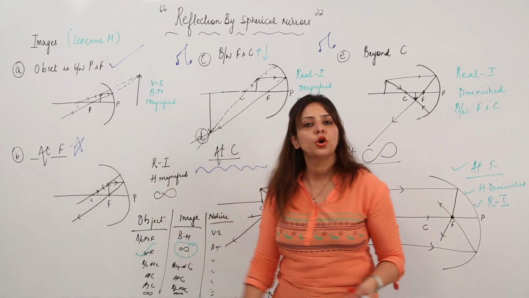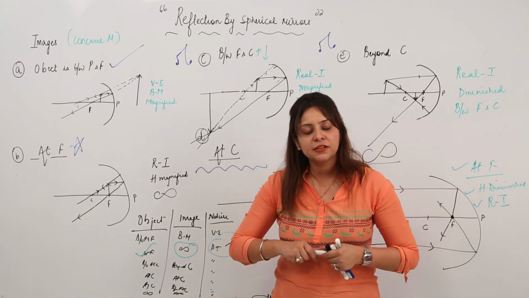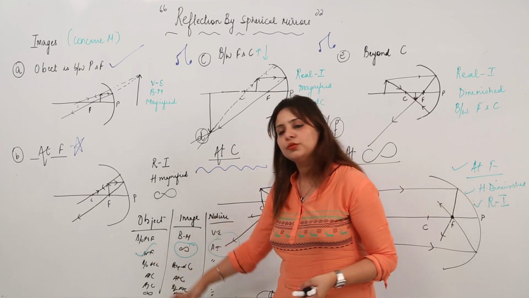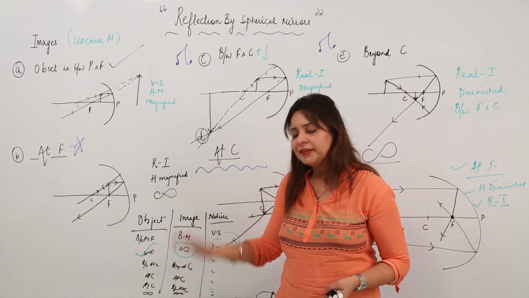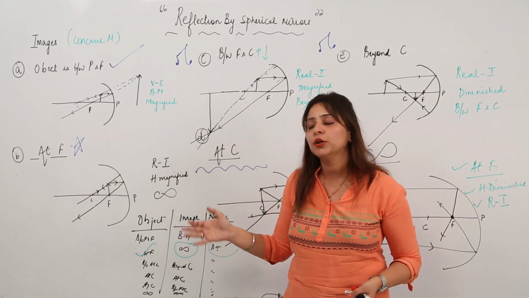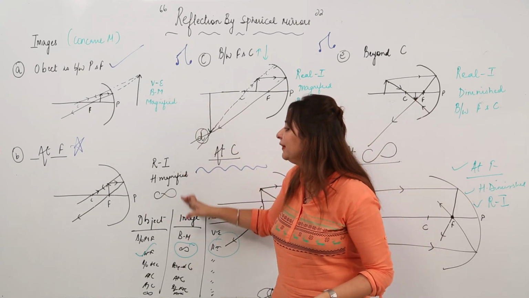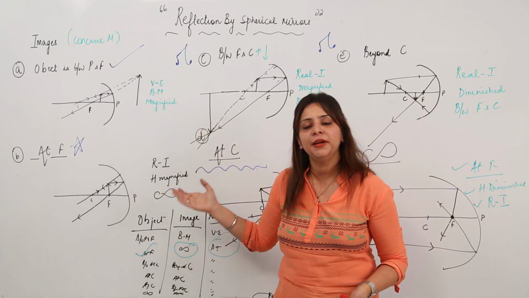So I just drew this because I was aware of the characteristics. This is my advice to you: first go through this chart, learn this chart, write it 2 or 3 times, and then try to draw these ray diagrams, because once you know the result, you can easily make those ray diagrams.